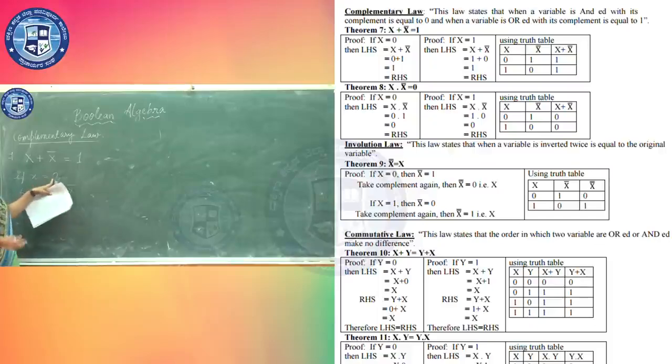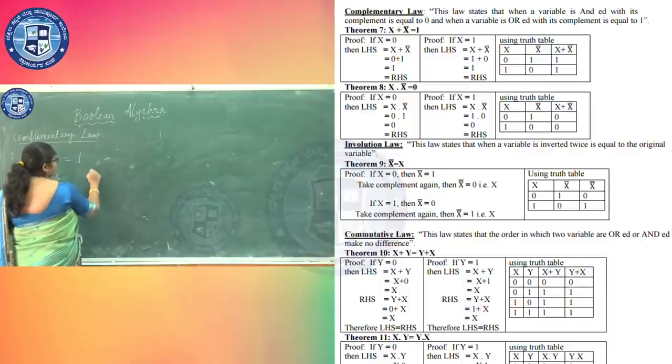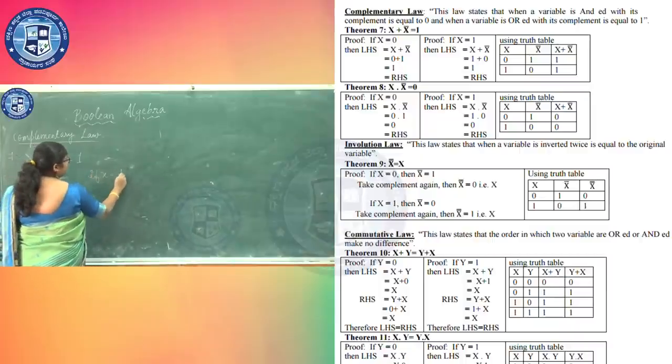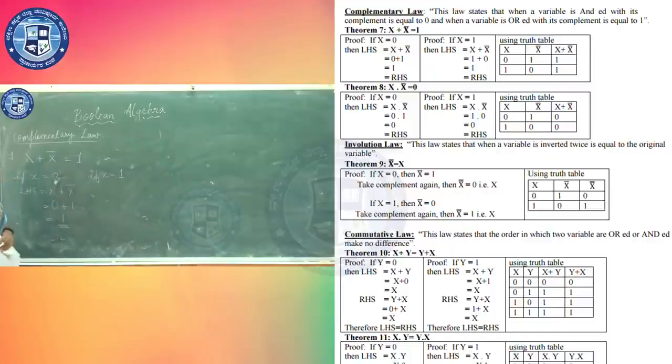X is 0 means x dash will be 1. 0 or 1 is nothing but 1. Next we have to take x value as 1, putting the value of x to be 1.